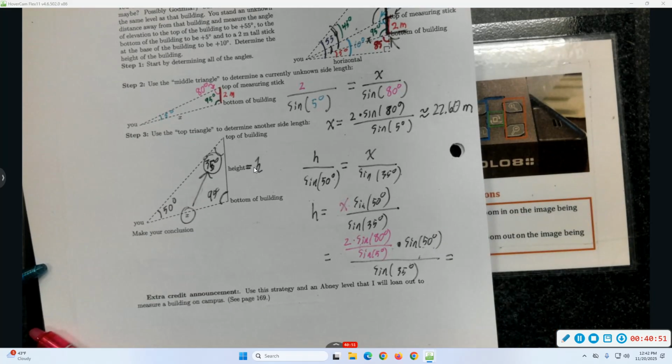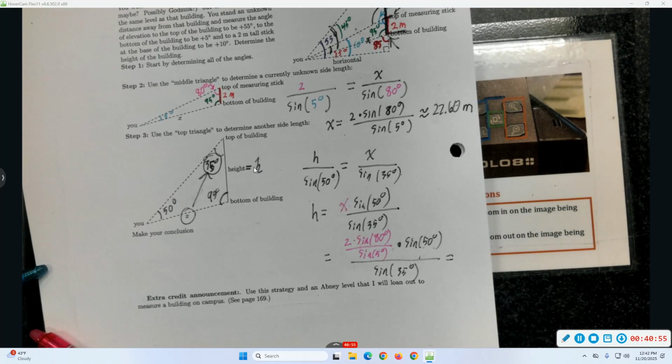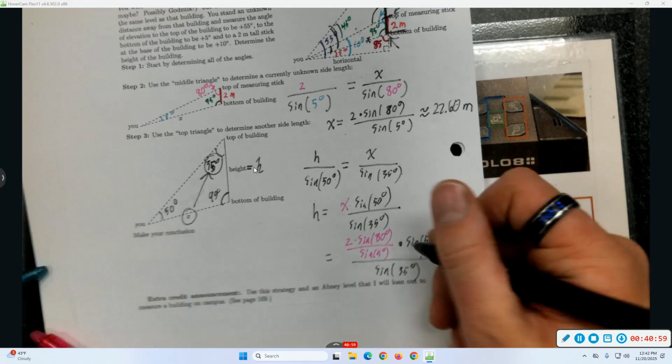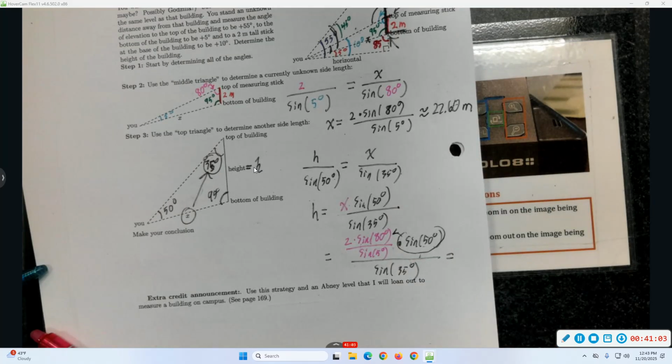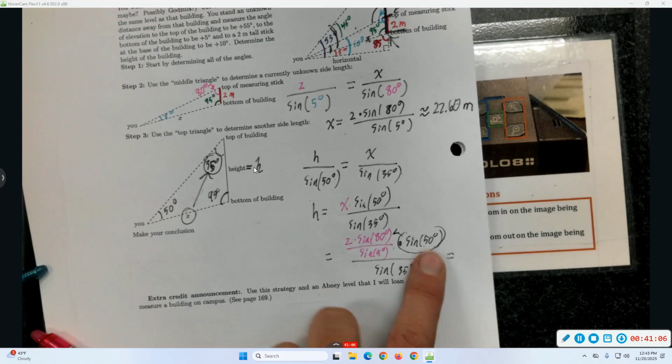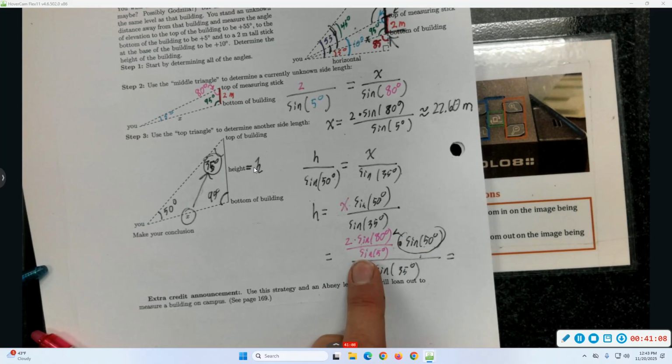So all that we see here is multiplication and division. Does it matter which order you multiply and divide in? Like I could move this to the numerator, right? So then you'd see 2 sine of 80 times sine of 50, then divide by sine of 5, then divide by sine of 45. So you could write it with a single denominator now.